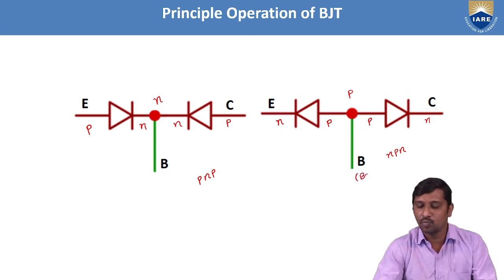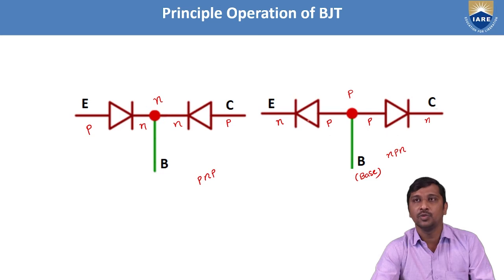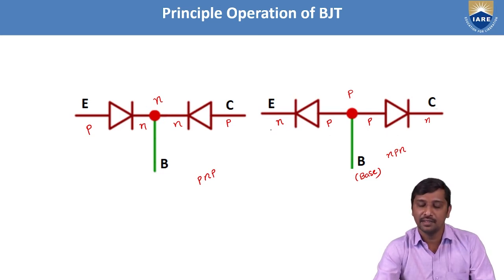Apart from that, it contains two opposite ends. One end is defined as the emitter, and one end is defined as the collector.